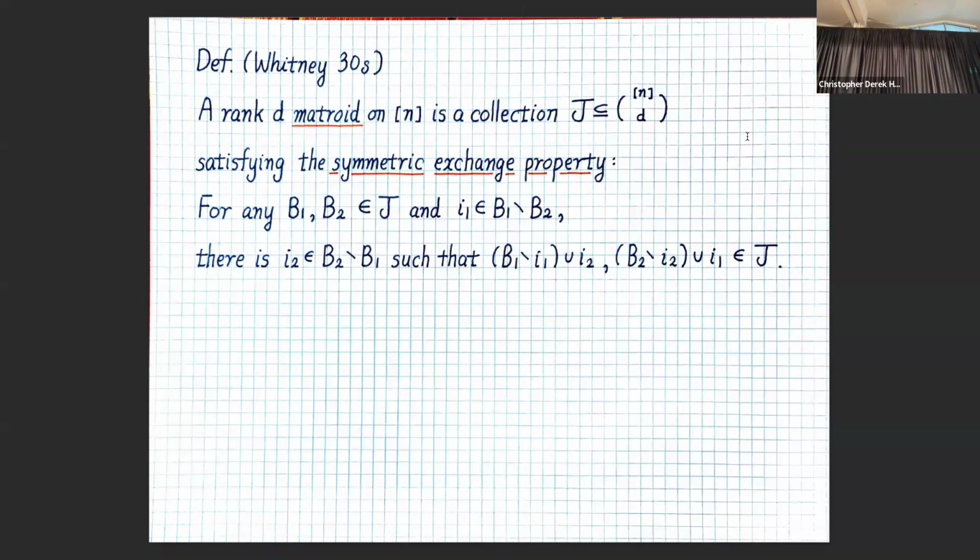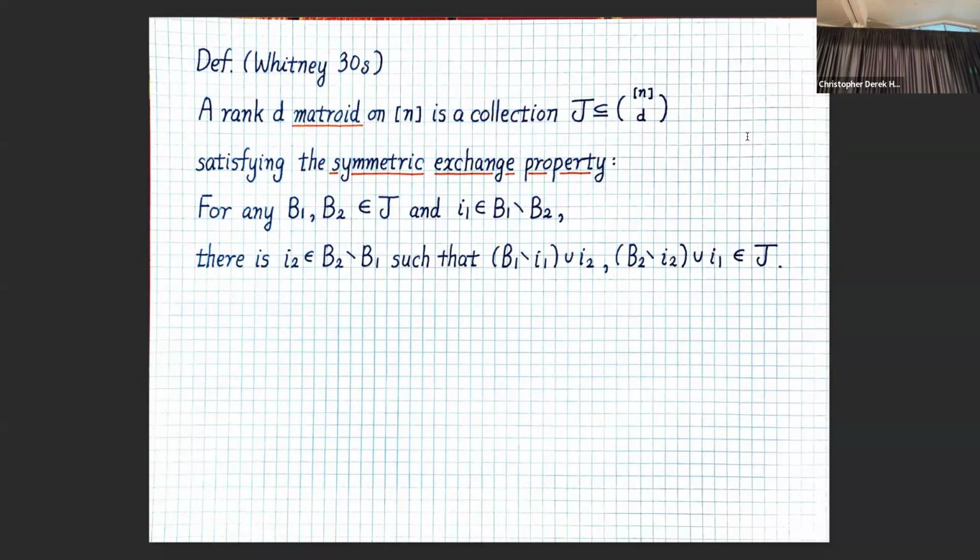And all this is very closely related to the very classical combinatorial structure introduced by Hassler Whitney in the 30s, before he turned to singularity theory and vector bundles and that kind of stuff. So this is a definition of a matroid, one definition. You say that a rank d matroid on n is a collection of d-element subsets of n that satisfies the symmetric exchange property.